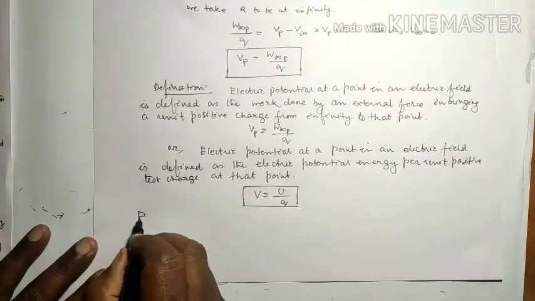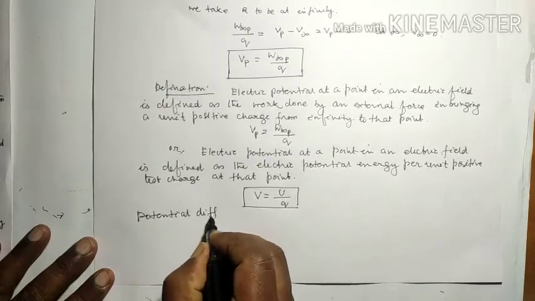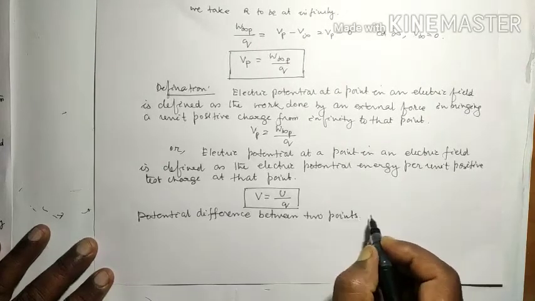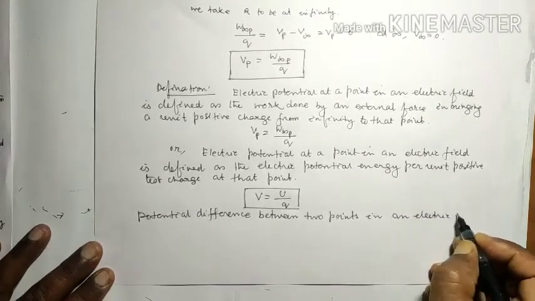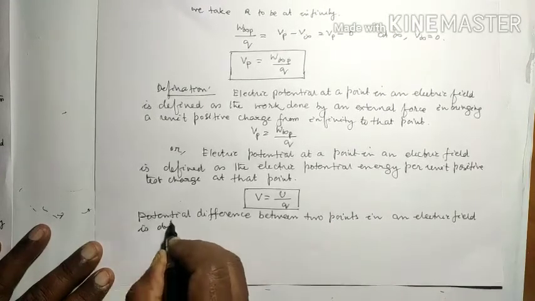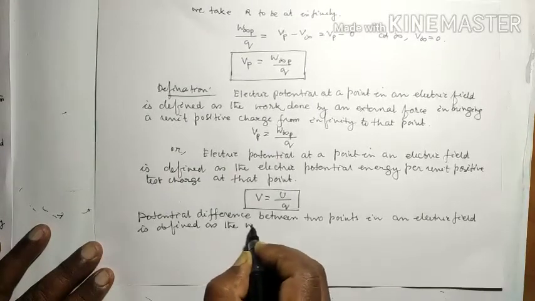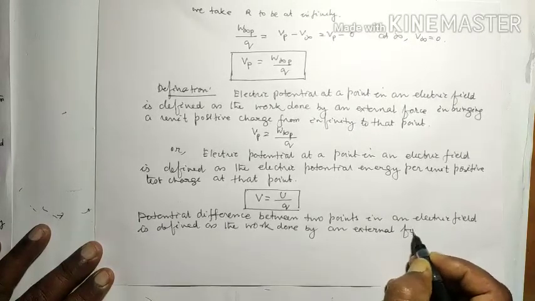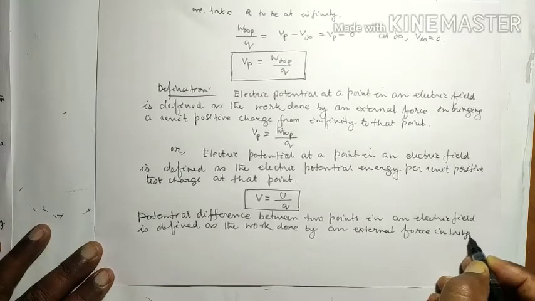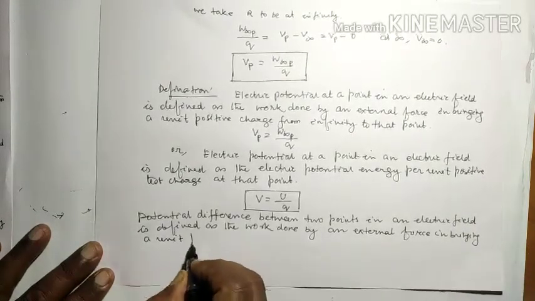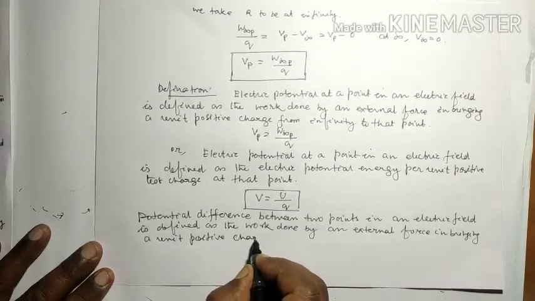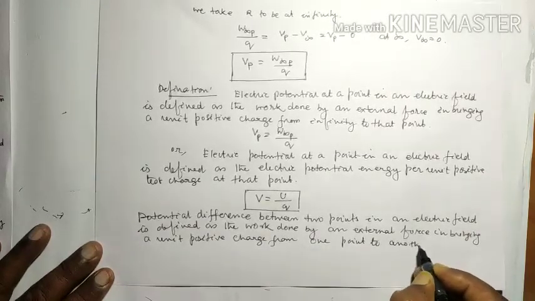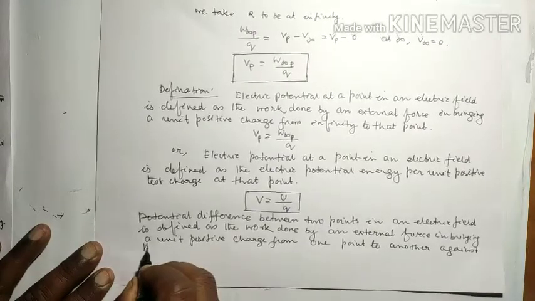So now potential difference between 2 points. Potential difference between 2 points in an electric field is defined as the work done by an external force in bringing a unit positive test charge from one point to another against the electric field.